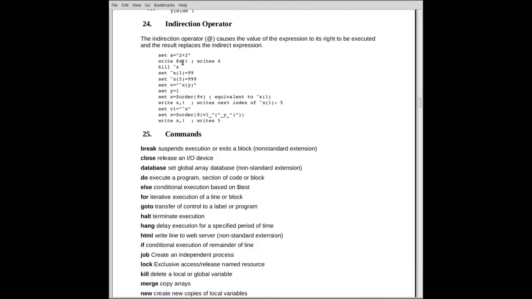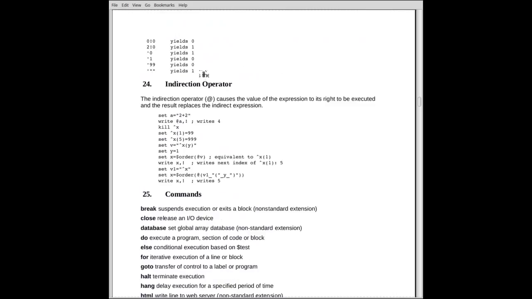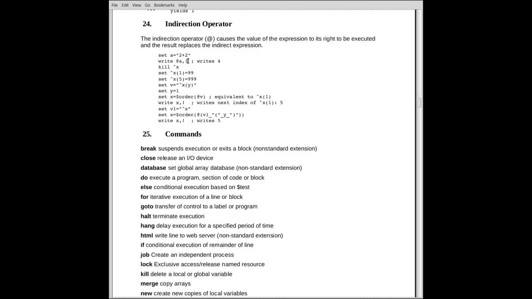Now I should explain a little bit about the write statement. The exclamation point here isn't the or operator. In a write statement the exclamation point means new line. Sorry for the confusion, but that's the way it is. An exclamation point in a read or write statement by itself, as an argument, means new line.